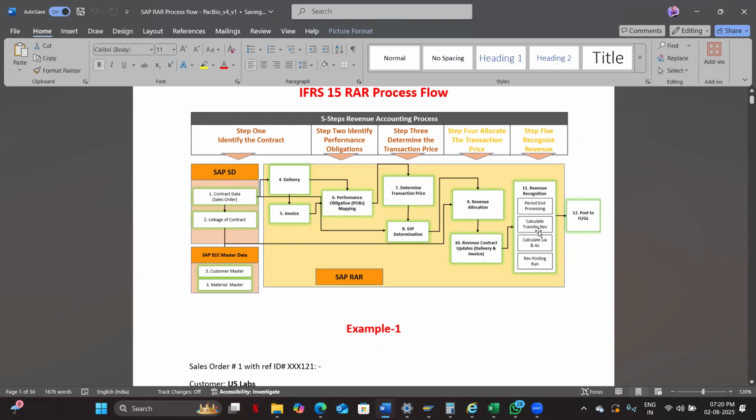If we run the first step, they calculate the transfer revenue, meaning the full allocation amount, and transfer it to RAR. Next, calculating liability and asset. Here we have two types, unbilled and deferred revenue. Deferred revenue is a liability, and unbilled is our asset.